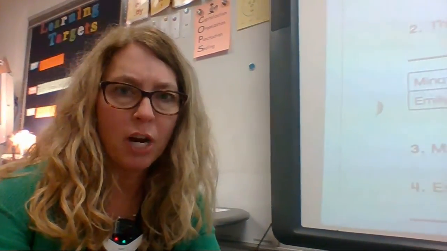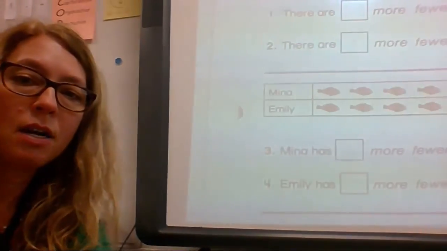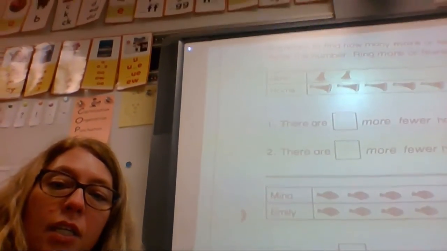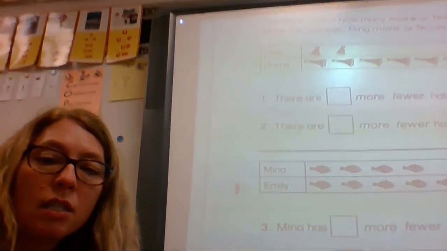I'm going to turn my computer now so you can see the active board, and then I'm going to talk you through, and I'll try to poke my head in, but I can't do both at the same time. I'll try anyway. All right, so here is, I guess you can see me a little bit. Here is our sheet.